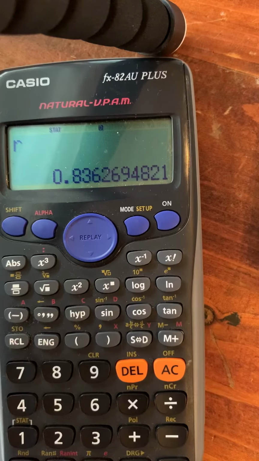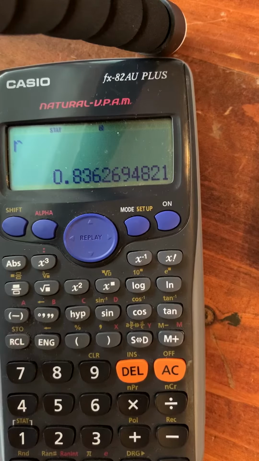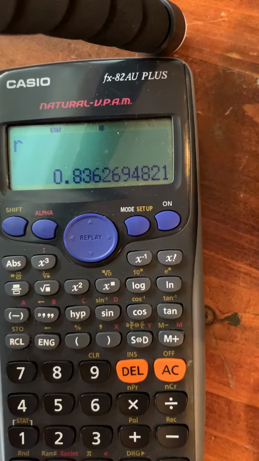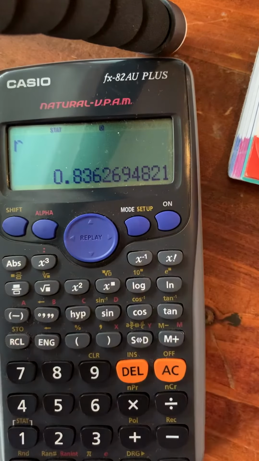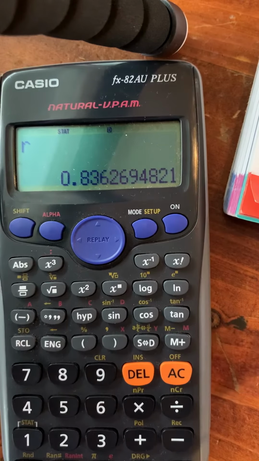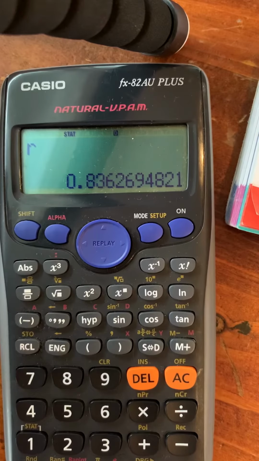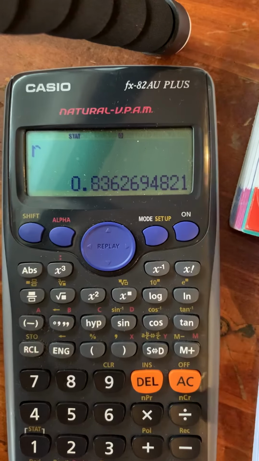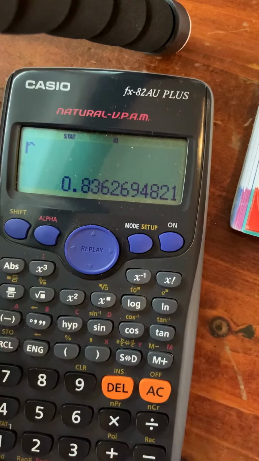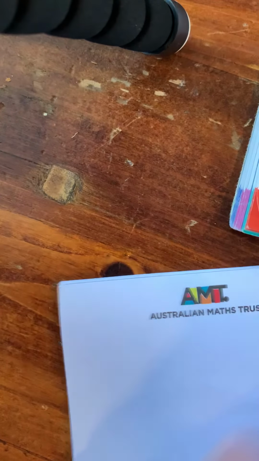Now, let's go back to why we found the values of A and B as well. R is not involved in our equation, but R tells us how strongly two variables are connected or correlated. In terms of A and B, I've got the values here.